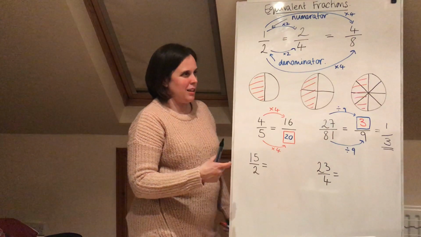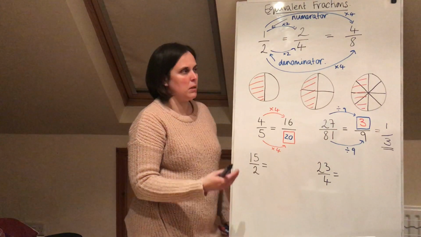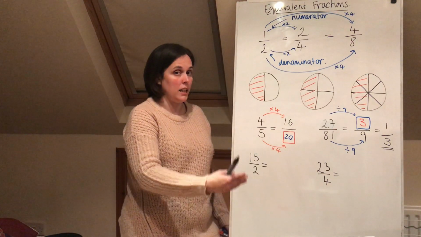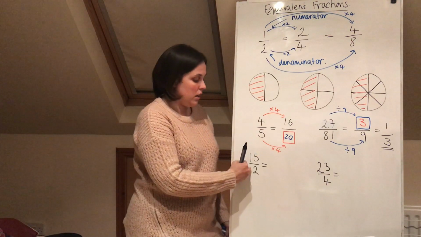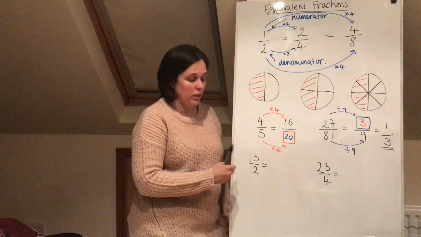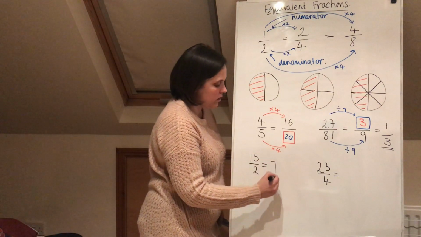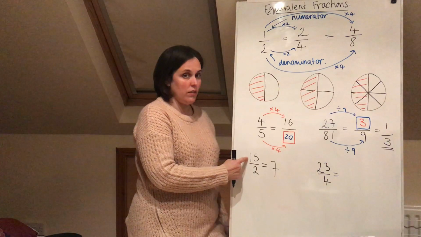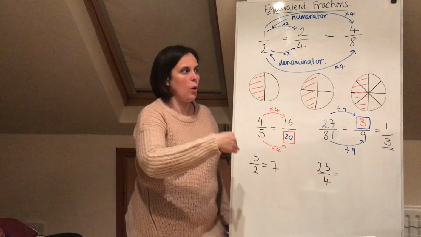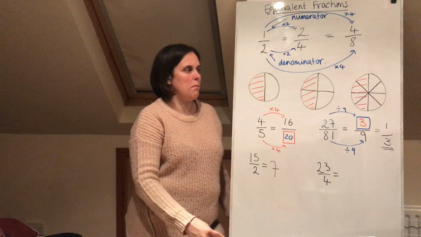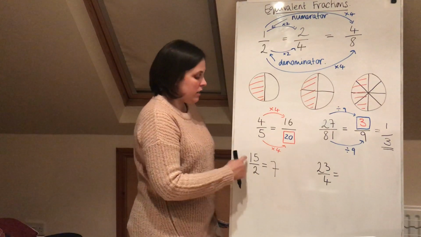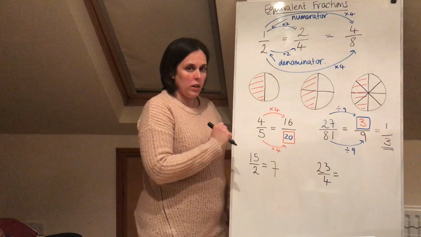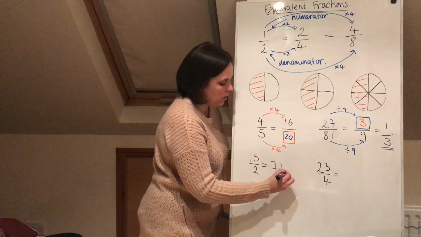It goes in 7 times, because 7 2s are 14. So if you had 7 cakes, you'd have 14 of the halves, okay? So that's a good place to start. But I'd still have 1 more to go because I need 15. We haven't quite got enough to have a whole 8 cakes, but we've got more than 7. So we've got 7 whole cakes, and you'd have 1 left over, which is your 1/2.